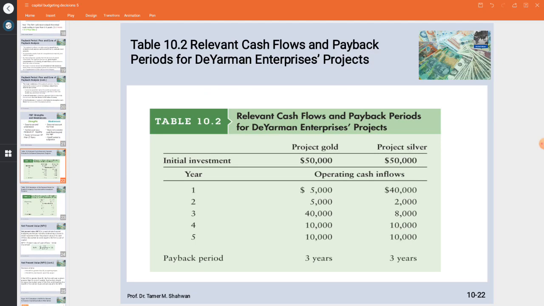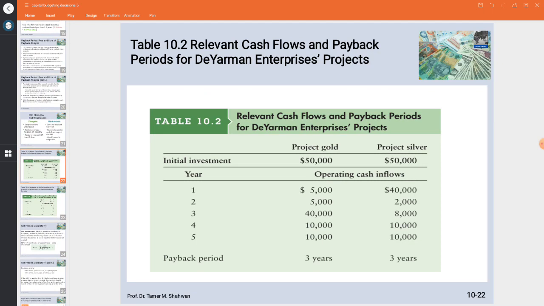Here, just take a look at these two projects, Project Gold and Project Saver. Based on the payback period, you will find that the payback period for Gold is 3 years, and Project Saver is also 3 years.